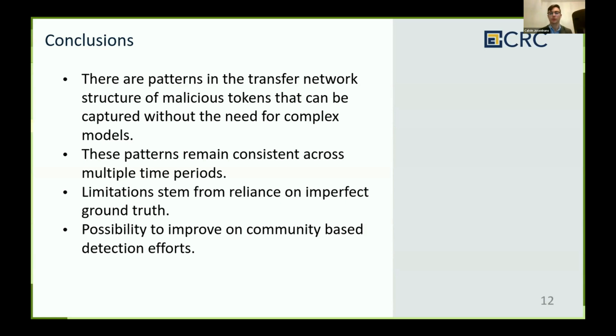And additionally, looking at cross-chain behavior of tokens and using time-based techniques for analysis of these networks might also yield fruitful future research. But this is a great first step at showing that there is a connection between transfer network structure and suspicious behavior that can hopefully improve on community-based detection efforts and improve the safety of the blockchain ecosystem.